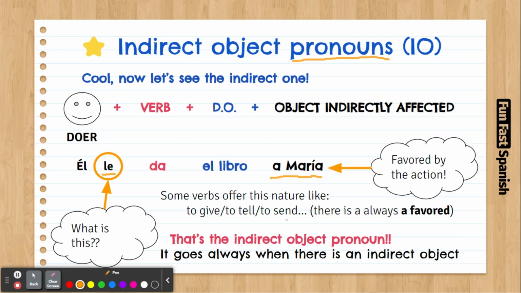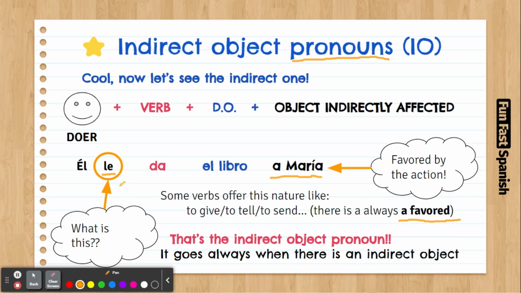One is the thing that is given, told, sent, said, and the other is the person that is receiving that, and that person is going to be the indirect object. And yeah, it's like the favored. It's a favored person by this action indirectly. So that's it. So that's the indirect object.